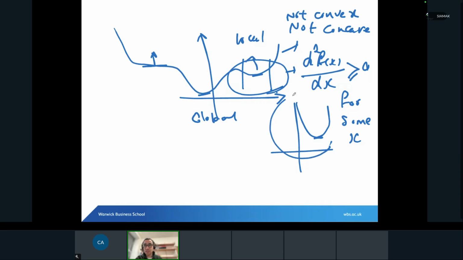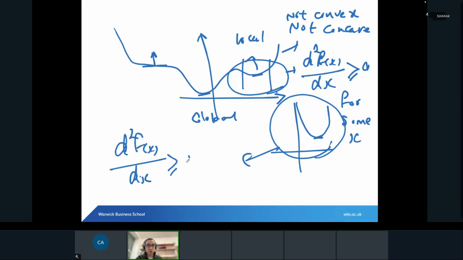This is unlike this one, where the second derivative is always non-negative for all x in Rn. You have to be careful about this. It's not the second derivative at those points, but over the whole domain of the decision variable. If it is non-negative, then the function is convex.